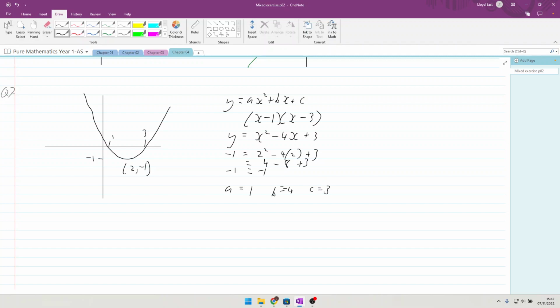Okay. Part B. On separate axes, sketch the graph of the function where it is. Do I have to do it on separate axes? I suppose.